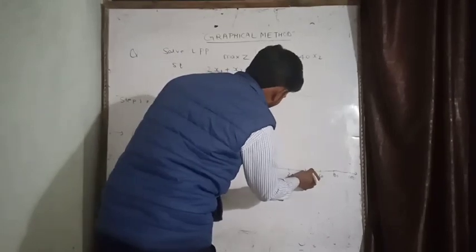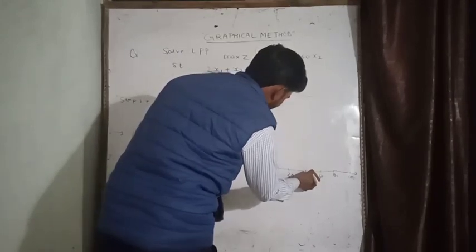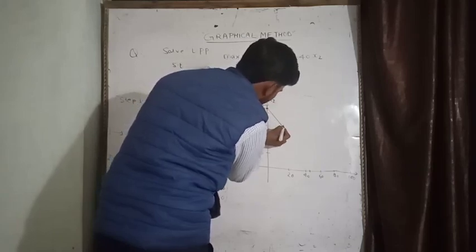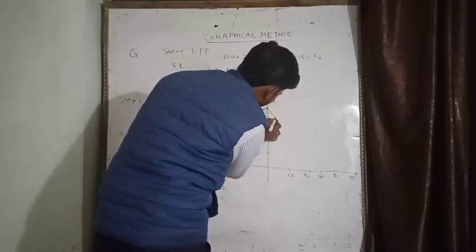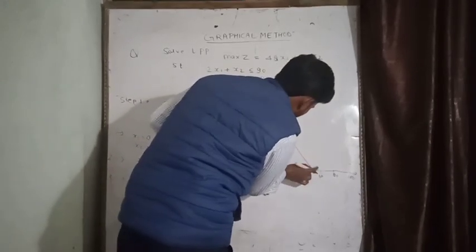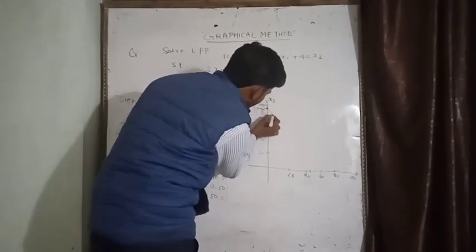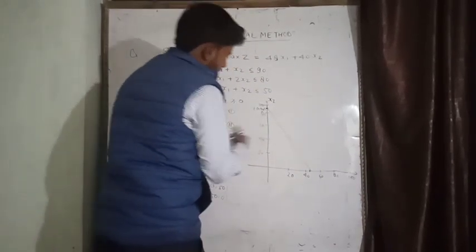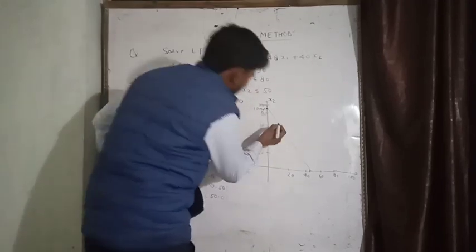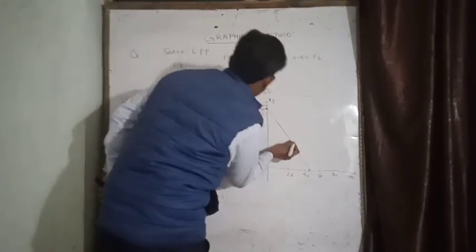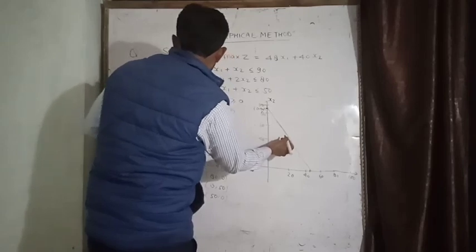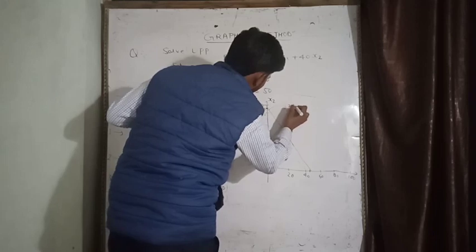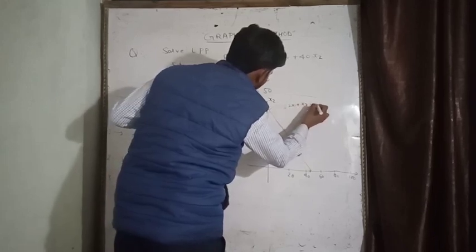If we join these two points, this is the line 2x1 plus x2 is equal to 90.